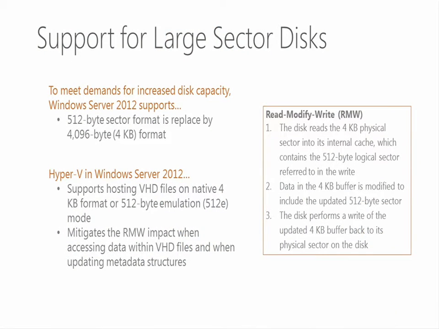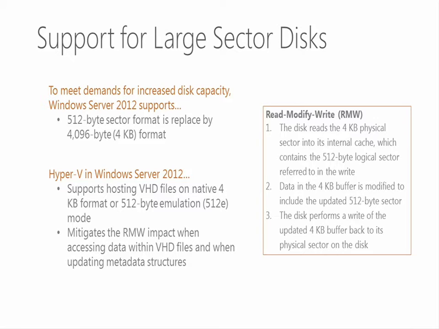The next new feature we've got is support for large sector disks. As we get more and more virtualization, the requirement for larger and larger disks continues to increase. So here, this is a new feature in Server 2012 that supports the 512 byte sector format, which replaces the 4096 byte, or 4K, format that we've had.